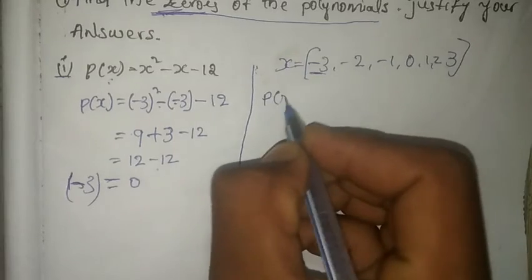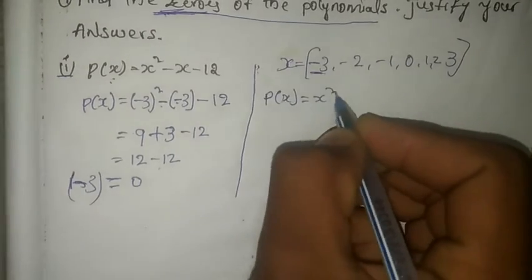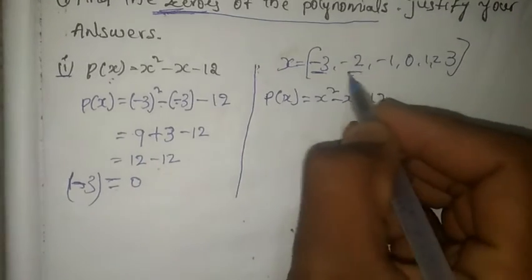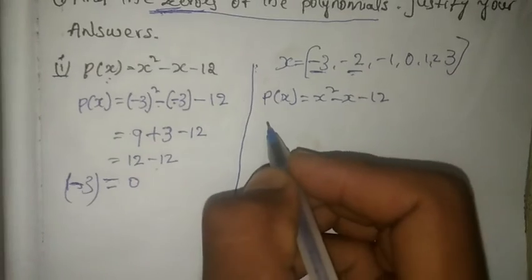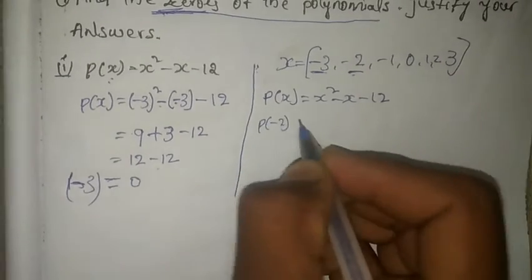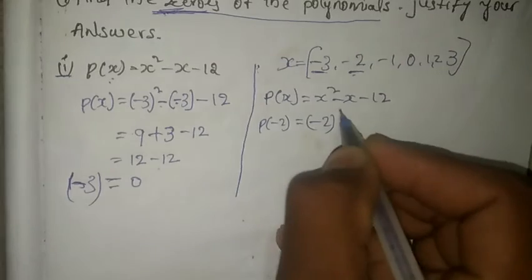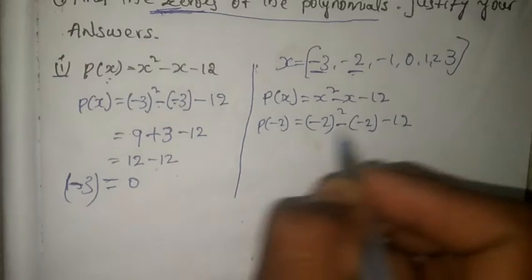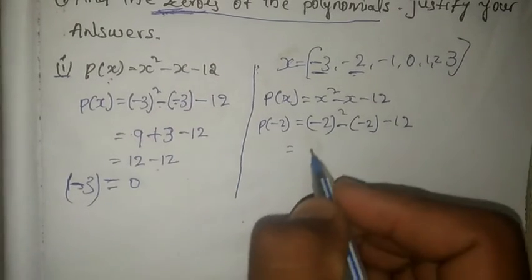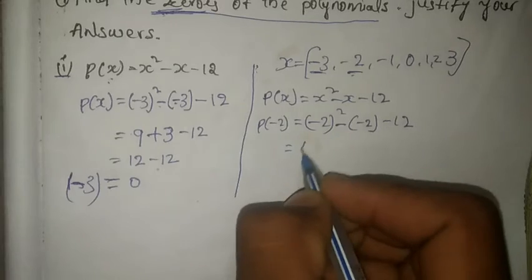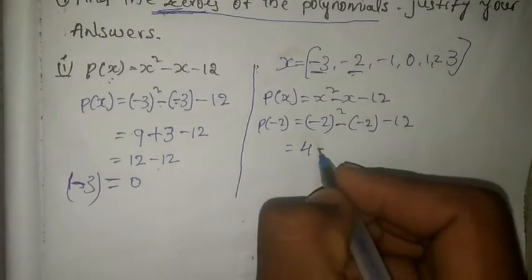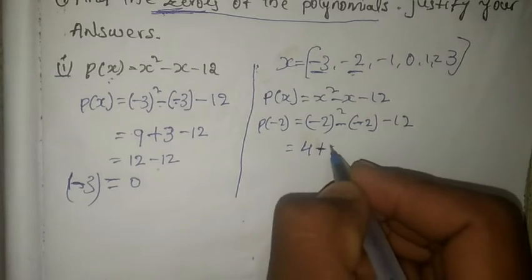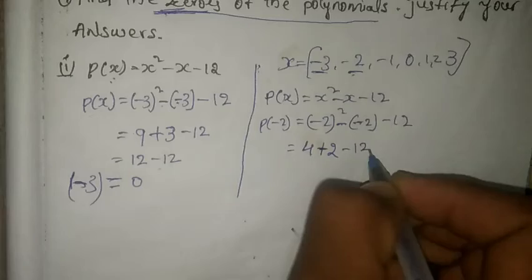Next, the p of x equation is x square minus x minus 12. Now we substitute minus 2 in the p of x place. So p of minus 2 is equal to minus 2 whole square minus minus 2 minus 12. So minus 2 whole square is 4, plus 4, minus into minus is plus, plus 2, and minus 12.